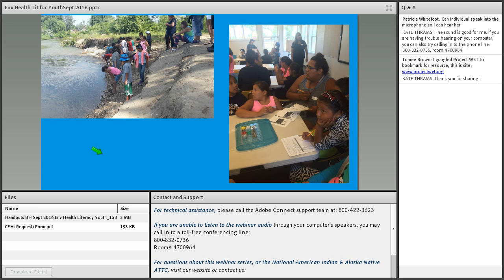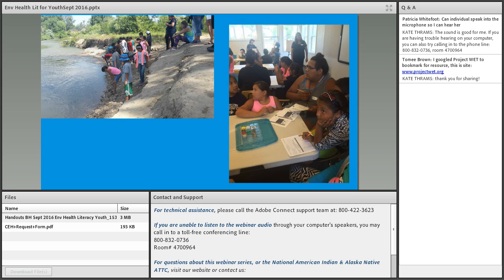the Little Bighorn. From Project WET they have an activity called Ask the Bugs, and we first do a simulation of that. It shows how there are tolerant and intolerant insects in the river, and by seeing who's living in the river, it can tell us something about the water quality. That was a really exciting activity for the kids. They really liked looking at the actual insects that we collected.